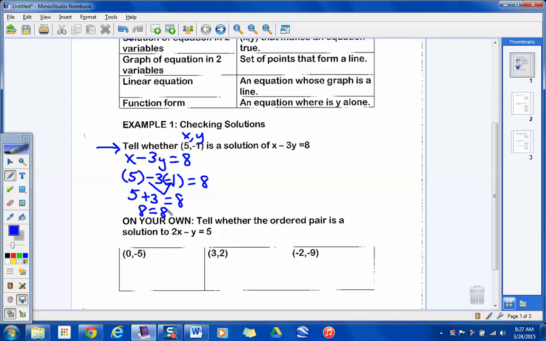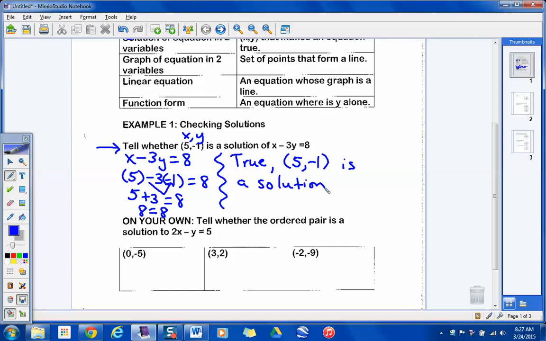When I have that comparison, is the statement true or false? True. Now I've got one number on the left, one number on the right, a comparison, and this is a true statement. So since that statement is true, that means that the point 5, -1 is a solution.